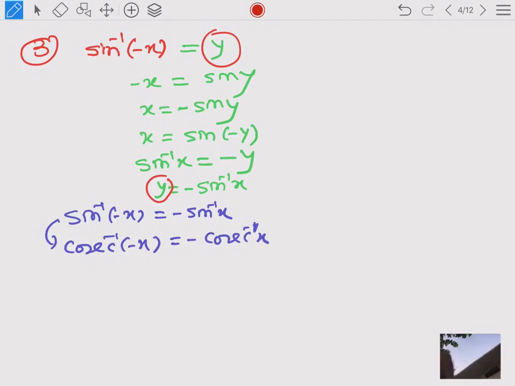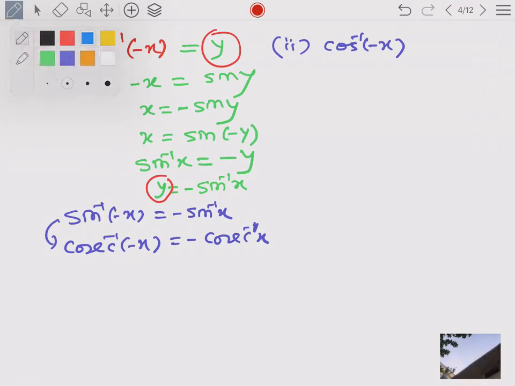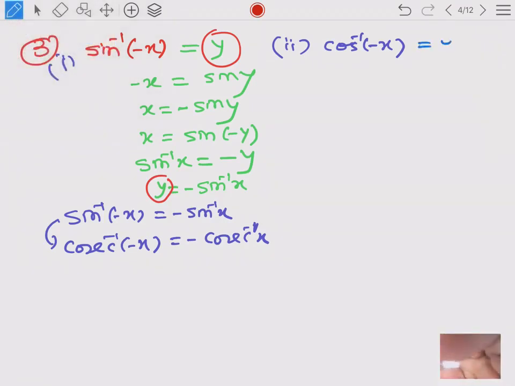Now in the third property, the first is cosine inverse, but there will be a change in cos inverse of minus x. So again I want to prove it. Suppose that it is equal to y again. Students, you definitely have to derive all these properties, then automatically you will learn and remember them.